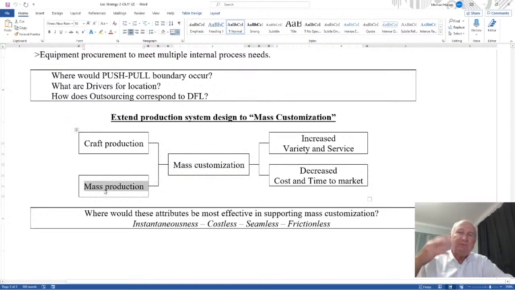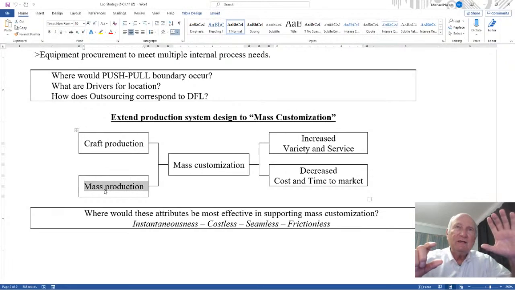Well, when you went to mass production, you had the same design because it was mass production, but you lower the cost. But the functionality was there, but the uniqueness was not there because of the craft. The uniqueness of the craft was not there, but the functionality was there.